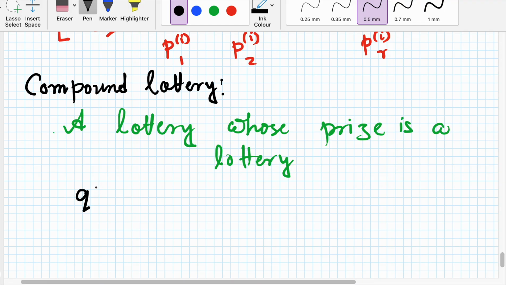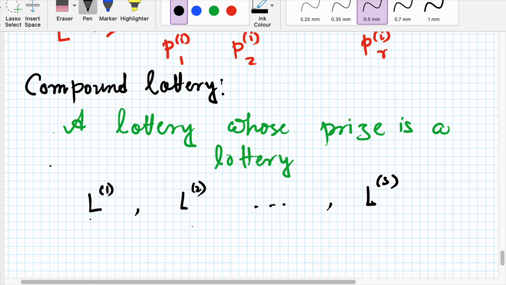So suppose, to give an example, a compound lottery with L1, L2, and so on. A compound lottery means a lottery whose prizes are the lottery L1, L2 again a lottery, and LS a lottery.